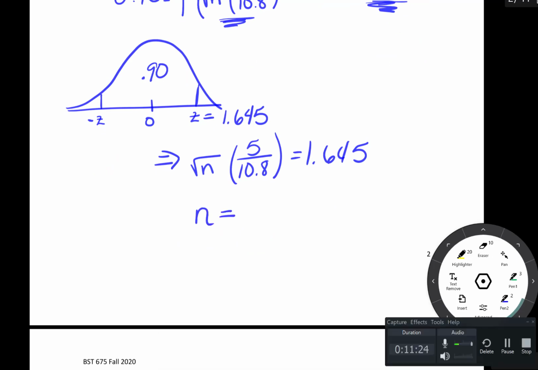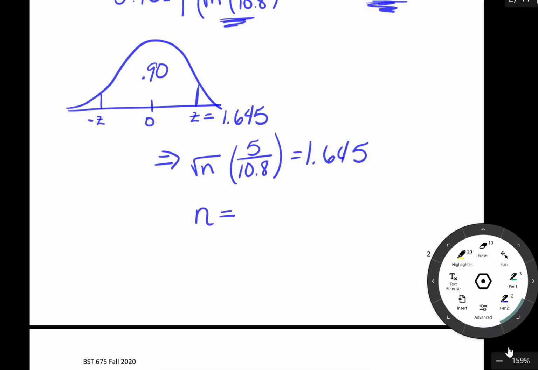In this case, we get that n is equal to 12.625. But remember, this is a sample size calculation, and we always round sample size calculations up, so we know that we need at least 13. And so notice this does match with part A.